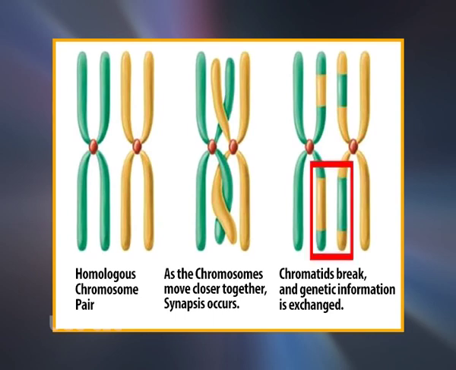Each of these chromatids breaks at the site of crossover and the resulting pieces reattach to produce the recombinants. The other two chromatids are not recombinant at this site. Each crossover event therefore produces two recombinant chromatids among a total of four.